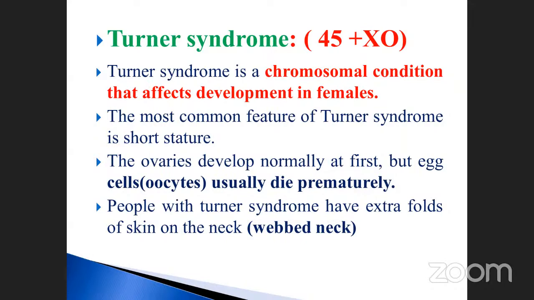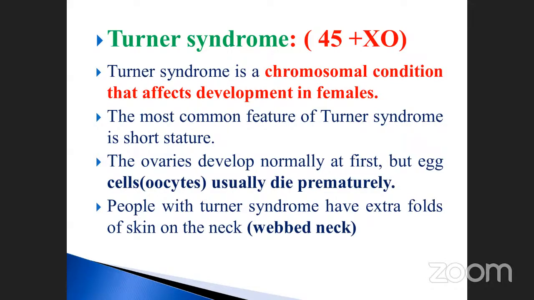Turner syndrome is a chromosomal condition that affects development in females. Turner syndrome mostly occurs in the development of females. See one by one. The most common feature of Turner syndrome is short stature.